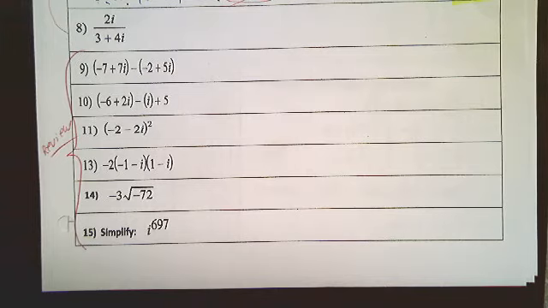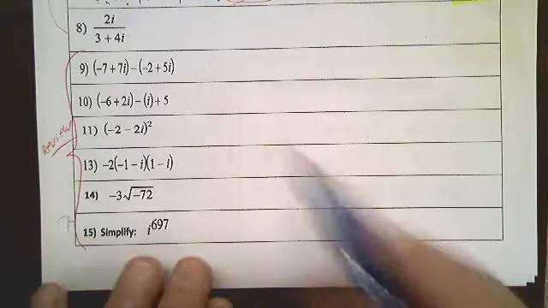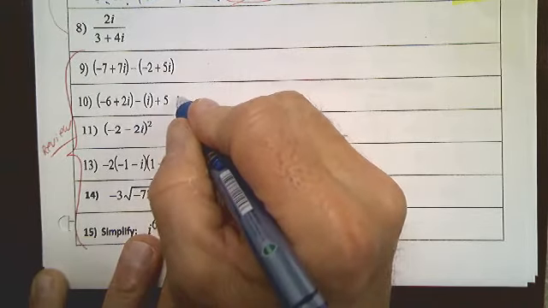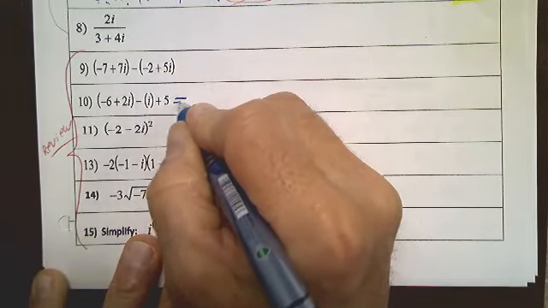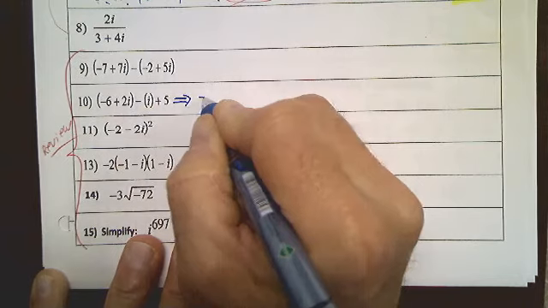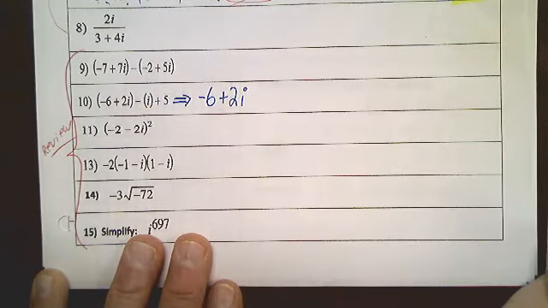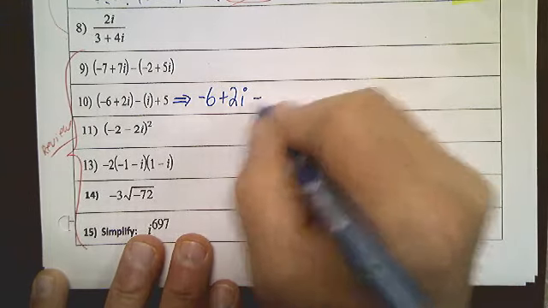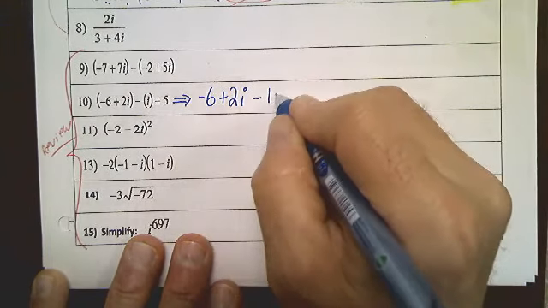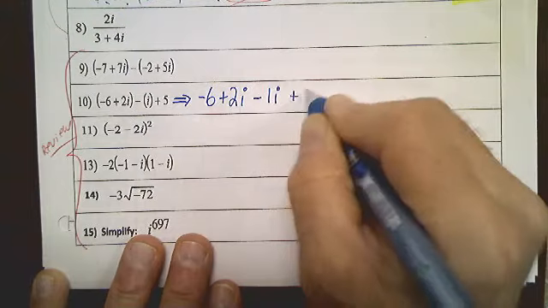Some of you can do that. Some of you have to write it out, which would look like this. Take off the parentheses. Negative 6 plus 2i minus i, which is 1i, plus 5.